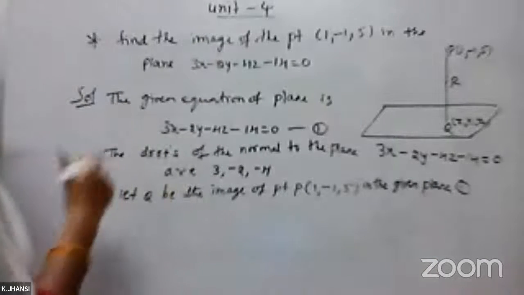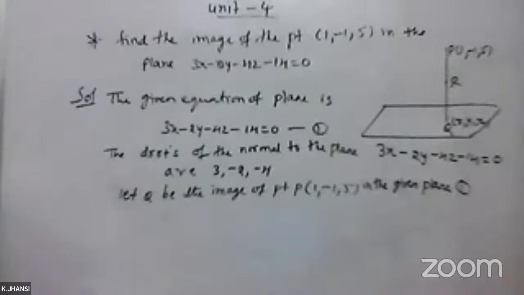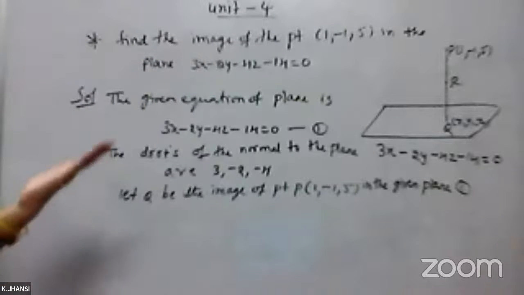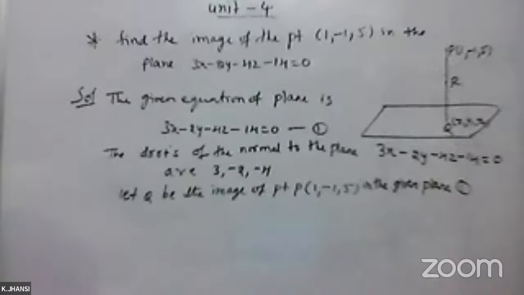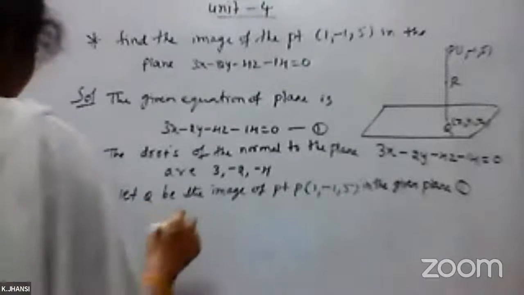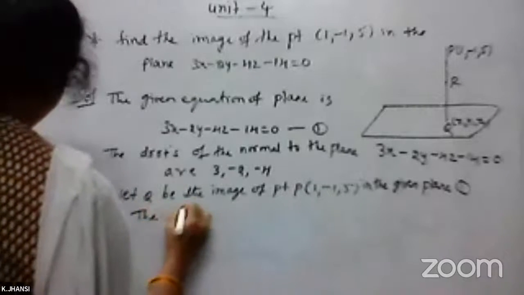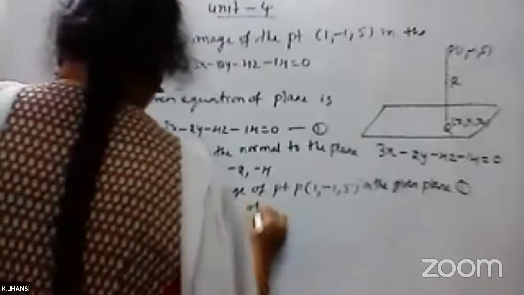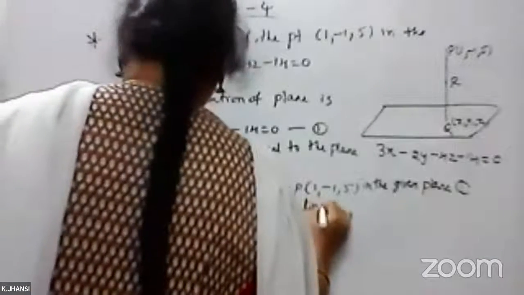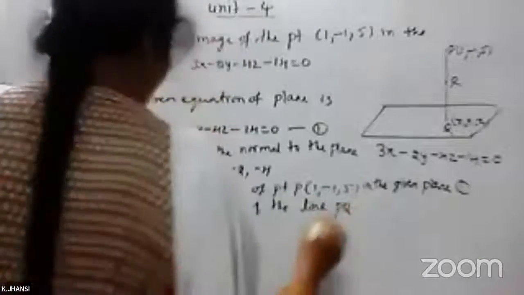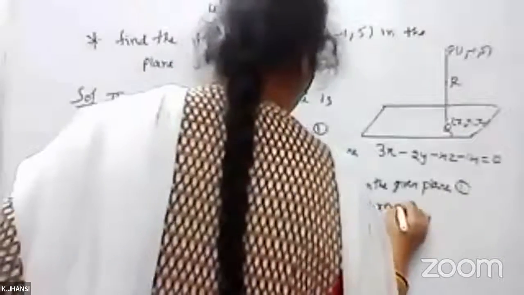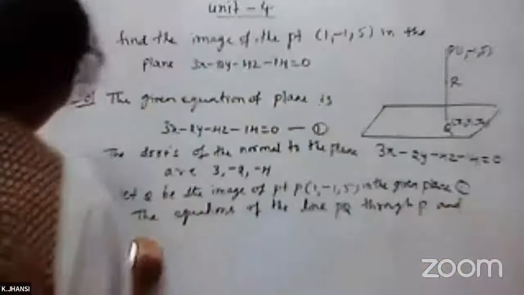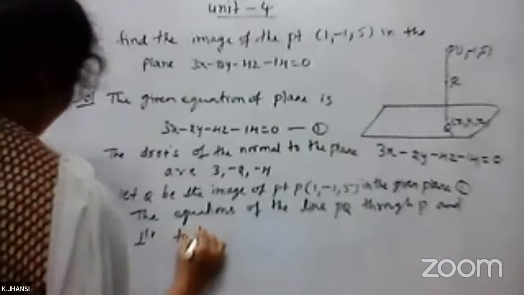Now to find the R value, P is (1, -1, 5), and we take Q as (x1, y1, z1). Then write the equation of the line PQ through P and perpendicular to the given plane.